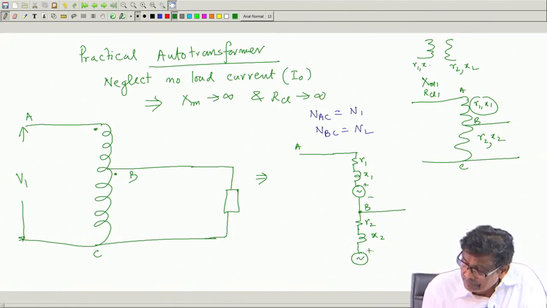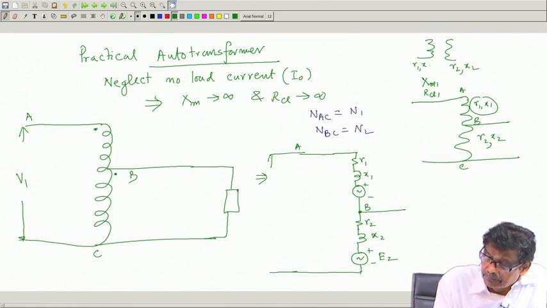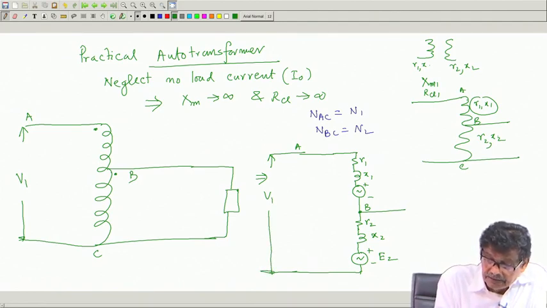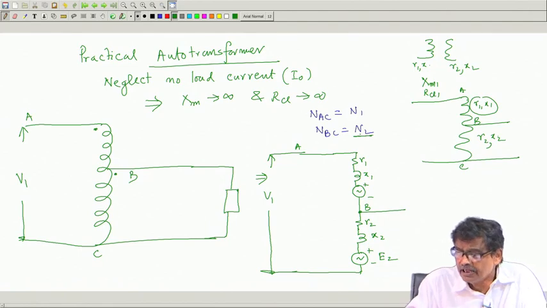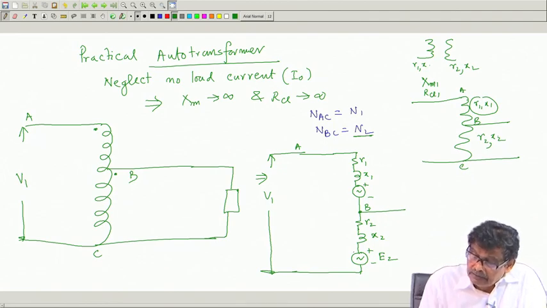This induced EMF I can write as E 2, no problem. Why? Because this is the voltage you have applied, the flux is the same. So, the voltage induced in N B C is N 2, so 4.44 A phi max N 2. So, this is the induced voltage, correctly I have drawn. Okay.